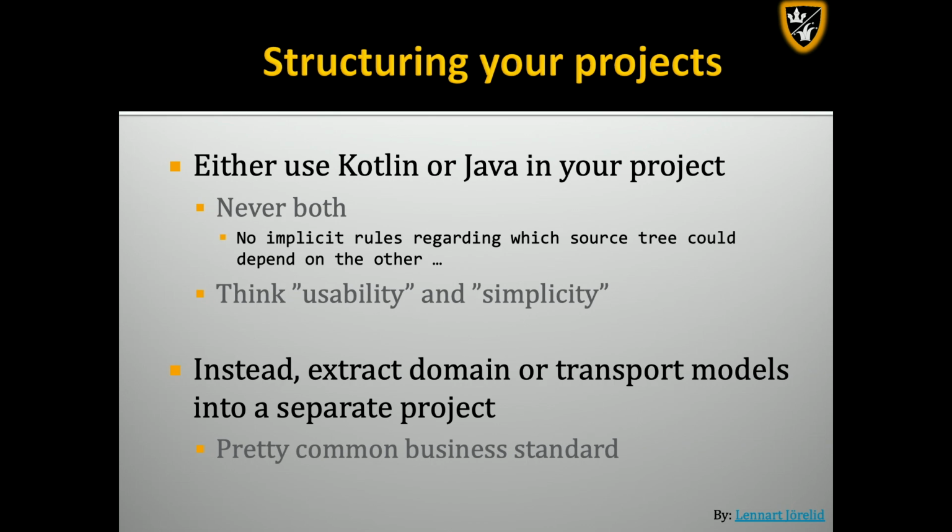Because if you've got source main Java and source main Kotlin, for instance, in the project, which one is compiled first? The compilers won't run in parallel. They will run sequentially, one after the other. Which one is run first, and hence which of the source code classes in the trees can depend on the other one? Could there possibly be any confusion about this ever in the enterprise?